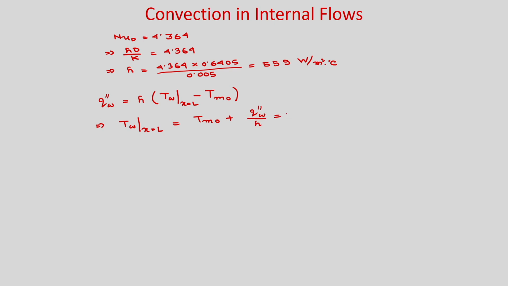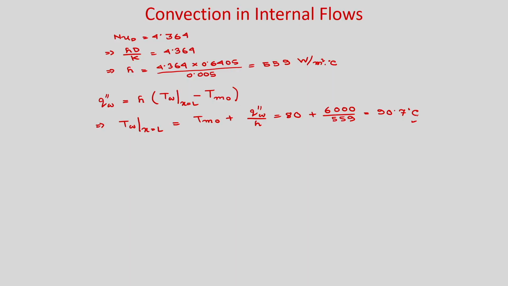Okay. So, what is Tmo? Tmo is your 80 degree centigrade plus q double prime w, it is 0.6 into 10 to the power 4 divided by 559. So, if you calculate it you will get 90.7 degree centigrade. Okay. So, your maximum temperature at the outlet is 90.7 degree centigrade.